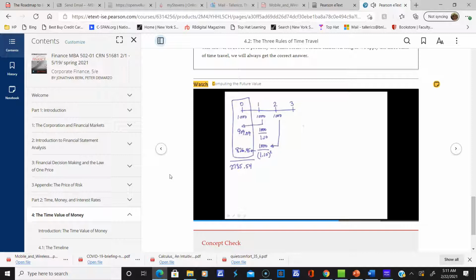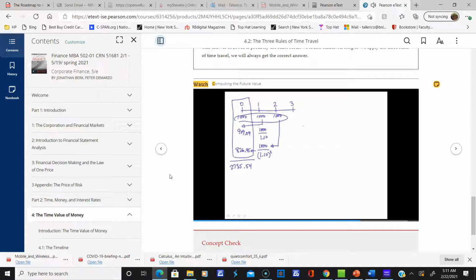What that means is that we could have just put in that amount today. If we just put $2,735.54 in the bank today and nothing at any other point in time, we would end up with the same amount in 3 years as we would if we put $1,000 in today, $1,000 in 1 year, and $1,000 in 2 years, because that's what a present value tells you. It is the equivalent of these three cash flows.